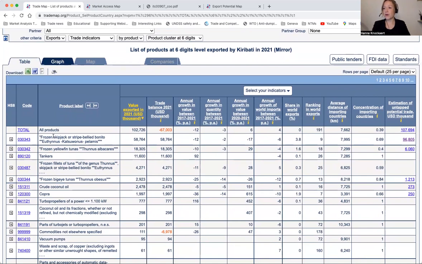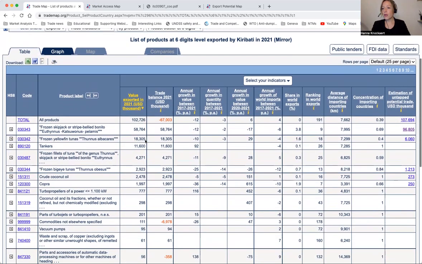And again, we see our frozen skipjack or striped belly bonito coming up as the top export product for Kiribati. But we see that there's also a lot of different products, like more complicated products like tankers. We also see coconut oil, copra. So let me look into vacuum pumps.